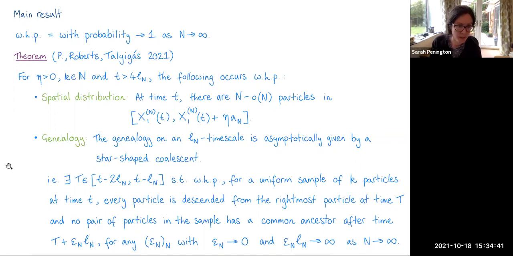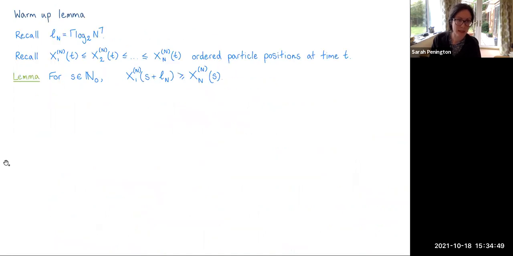So first of all, I want to start with an easy lemma that will be useful later on. This lemma relies on the fact that we're assuming that there are no negative jumps. First, let's recall that Ln is the ceiling function of log base 2 of n, and that x1n of t up to xnn of t are the ordered particle positions on the real line at time t.